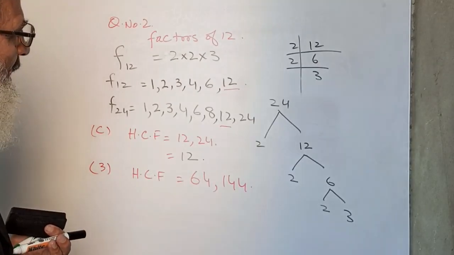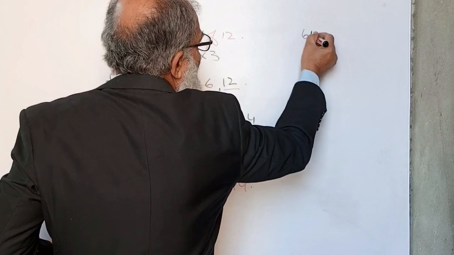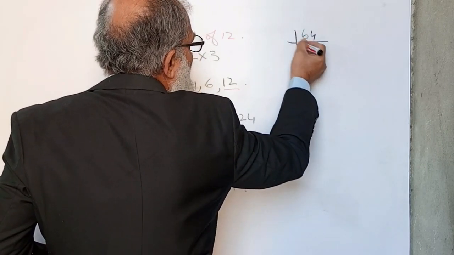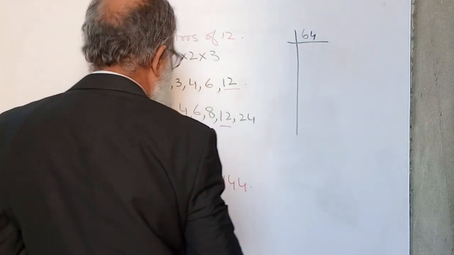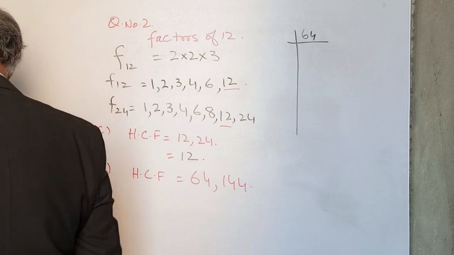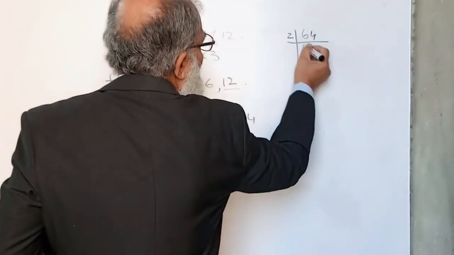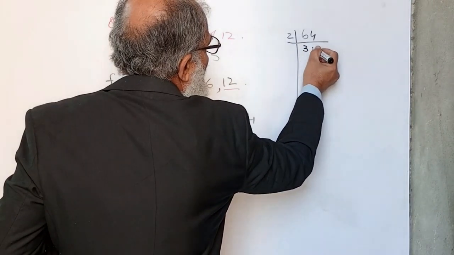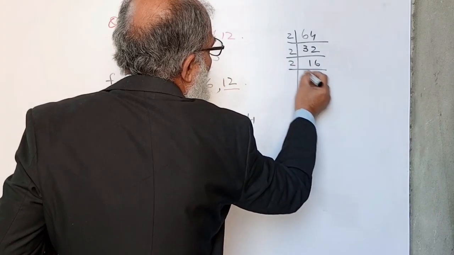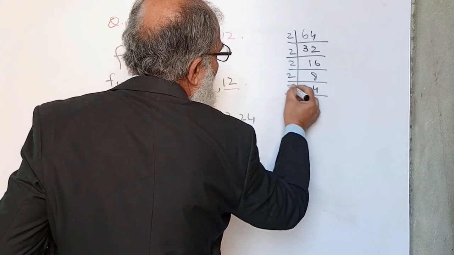HCF of 64 and 144. I'll do it for 64. 2, 32, 2, 16, 8, 4.